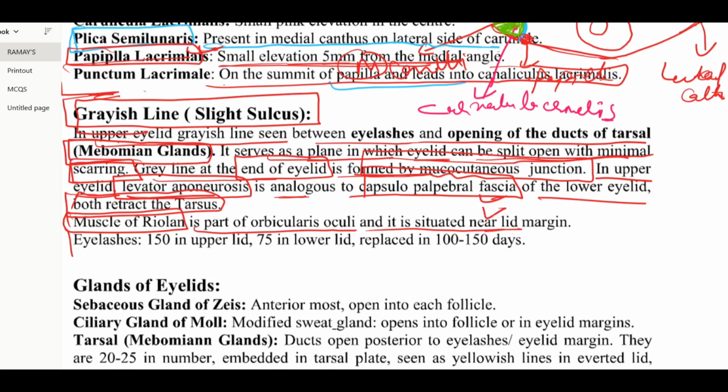Eyelashes are not very important, but you should know that there are about 150 in the upper eyelid and about half that in the lower eyelid, and these are replaced every 100 to 150 days, in about 3 to 5 months.